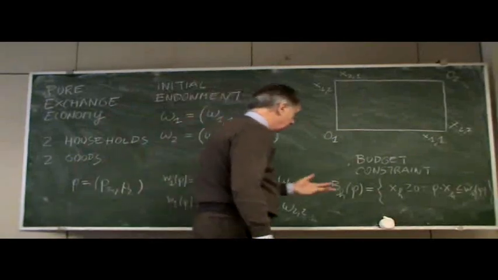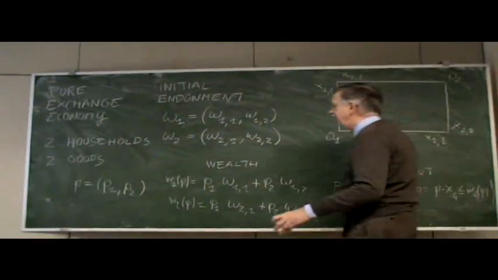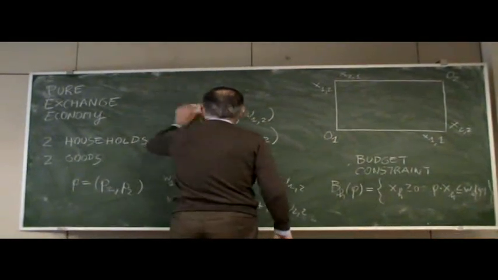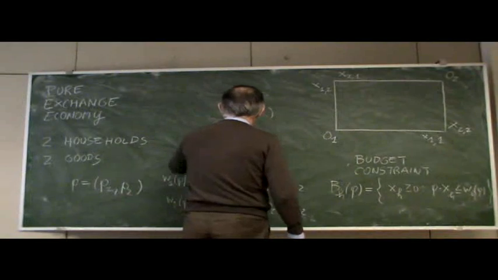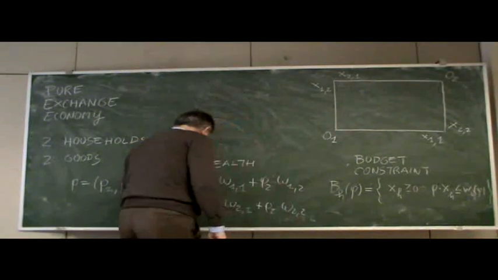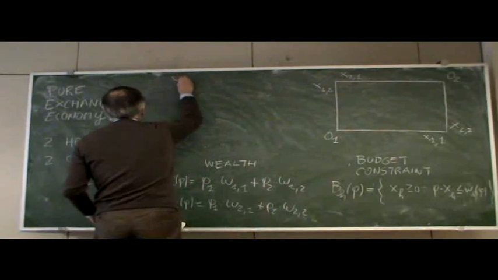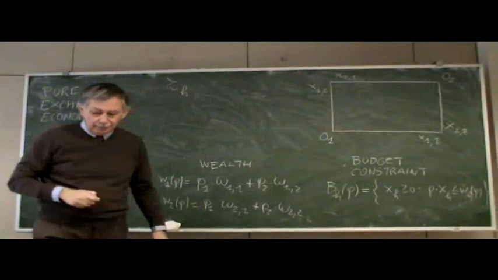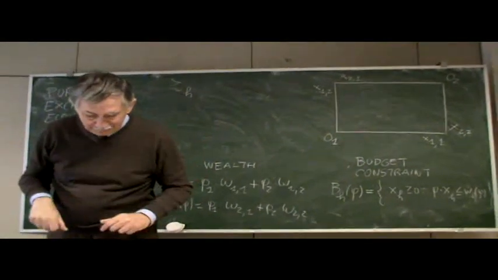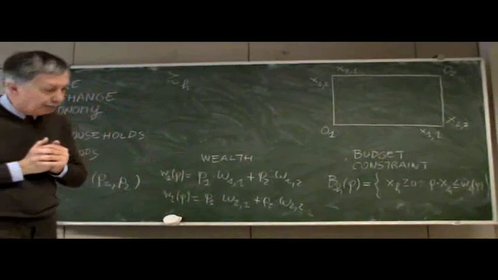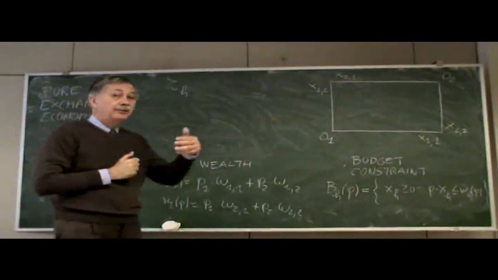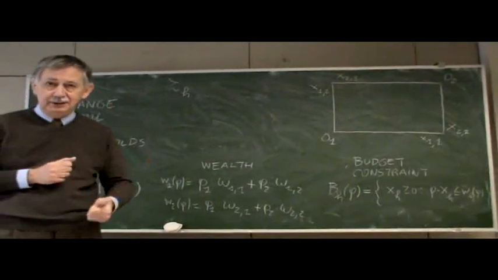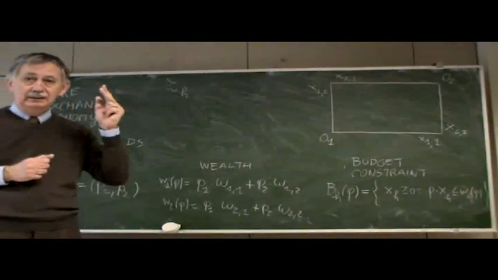We shall suppose, as usual, that every subject has a maximizing behavior. His preferences are represented by a preference relation like this, preferred or indifferent to, you remember, with the usual properties: reflexivity, transitivity, and completeness.